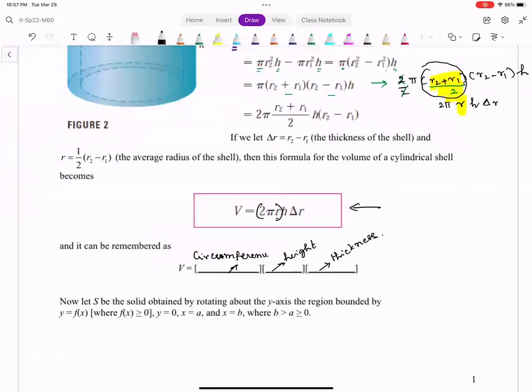So circumference times height times thickness becomes the volume of the cylindrical shell.